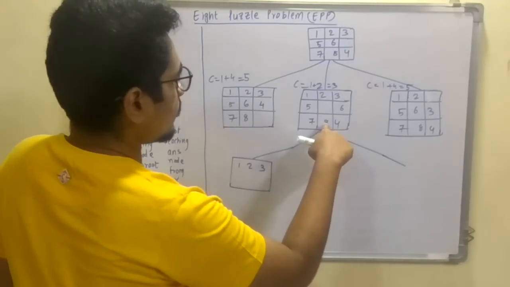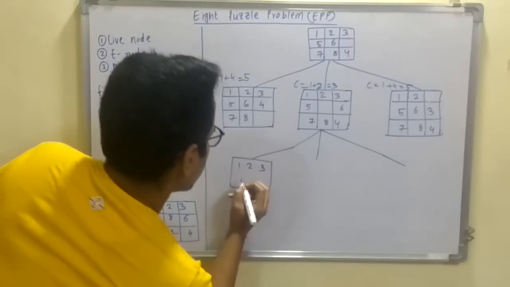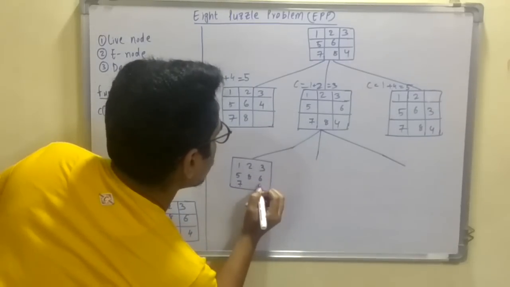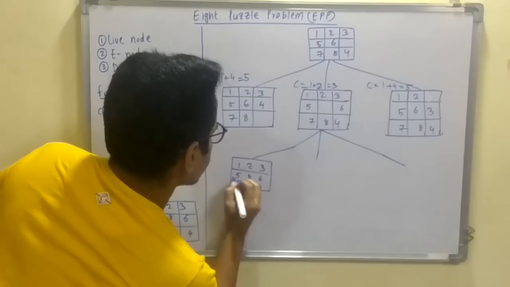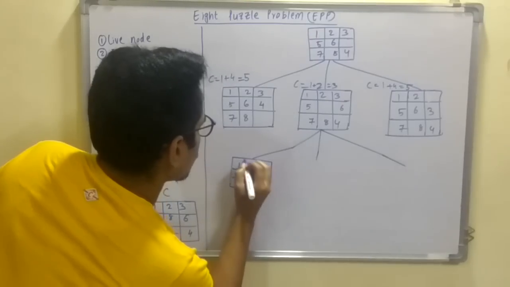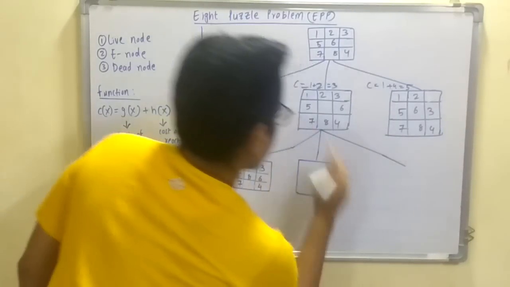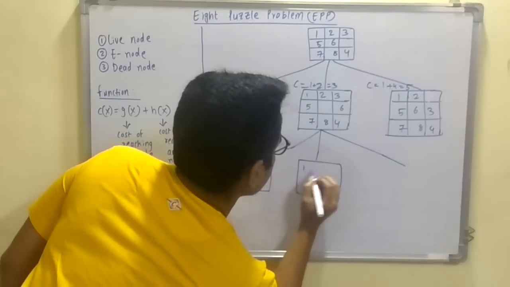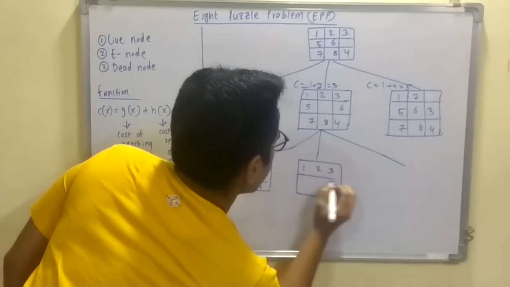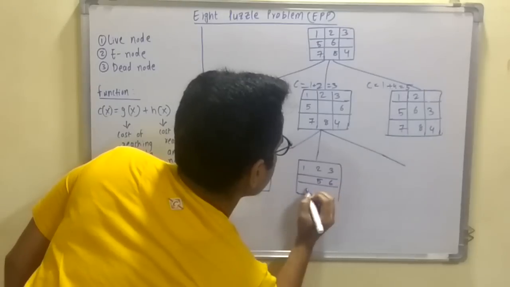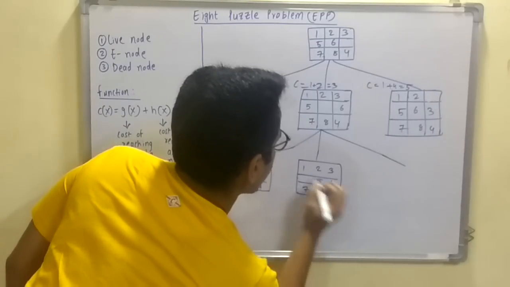Then now we'll be moving 8 to its upper position, so it will be 5, 8 and 6 and 7, a blank and 4. And here we'll be moving 5 to this position, that is 1, 2, 3. Then you have a blank here, then 5, 6, 7, 8 and 4.